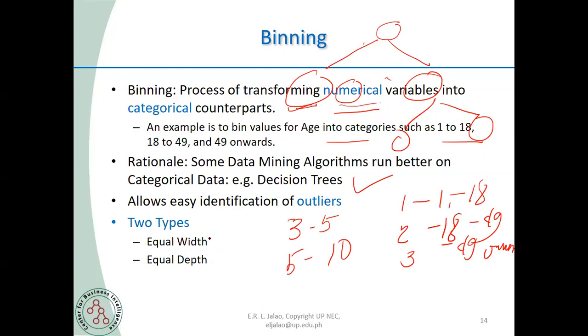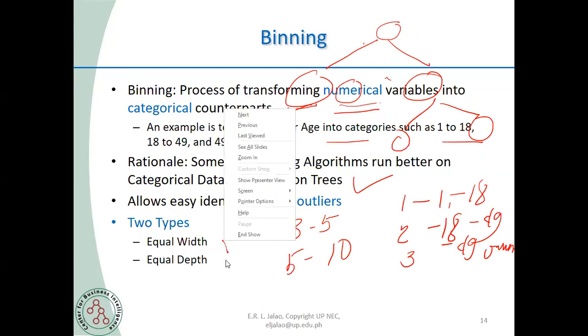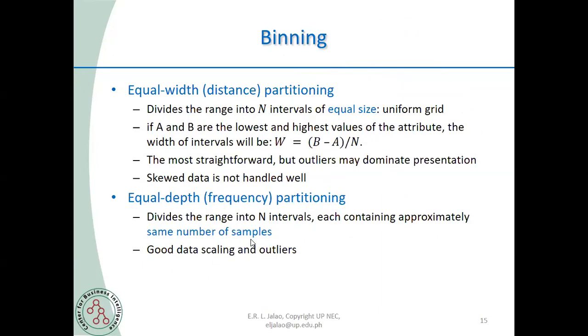We have two types: equal width and equal depth. Equal width is distance partitioning, which divides a range into n intervals of equal size. So when we say n intervals, these are bins of equal size. Uniform grid: if A and B are the lowest and the highest values of the attribute, the width of the intervals will be W equal to B minus A divided by the number of intervals.